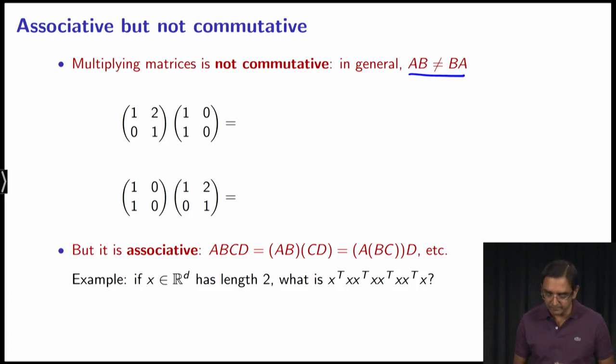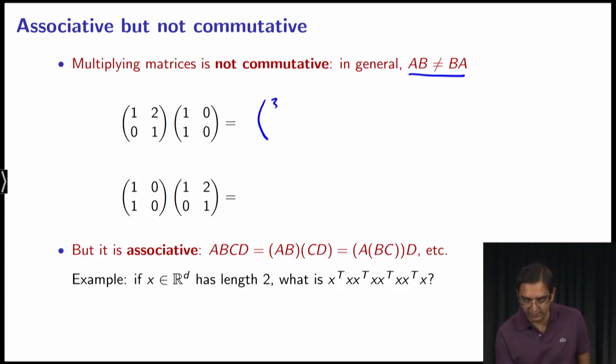Let's look at these examples, for instance. Here we have two matrices, A and B, and let's multiply them one way and multiply them the other way and see if we get the same answer. They're both square matrices, so we know they're both 2 by 2, and so we know the result will be 2 by 2. Let's see what we get in this case. We get 1 plus 2, that's 3. 0 and 0 is 0. 0 and 1 is 1. 0 and 0 is 0.